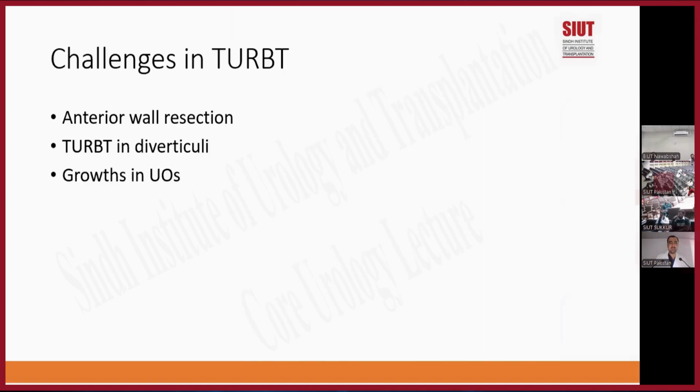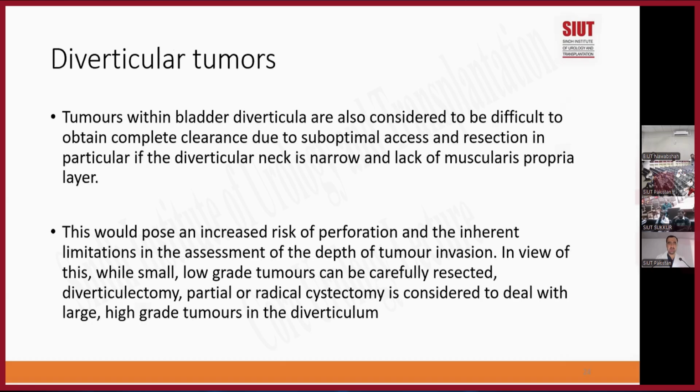Challenges in TURBT: anterior wall resection, TURBT in diverticula, and the ureteric orifices. Tumors within bladder diverticula are also considered difficult to obtain complete clearance of due to suboptimal access and resection, in particular if the diverticular neck is narrow and there is a lack of muscularis propria layer.